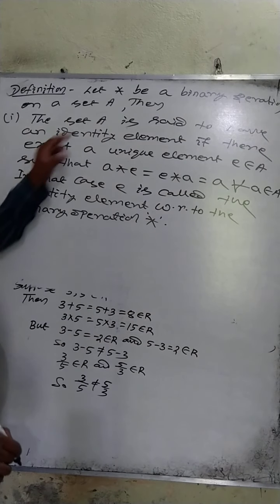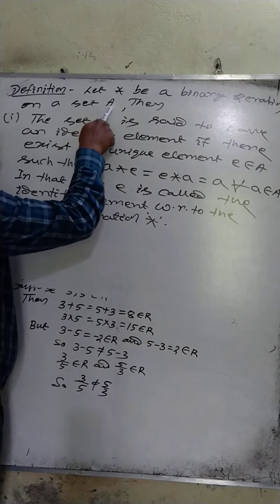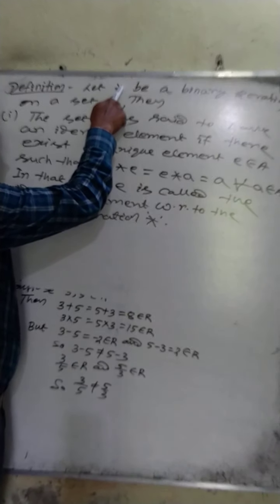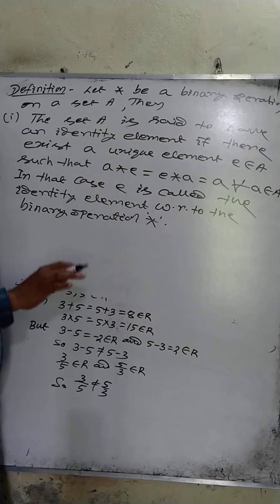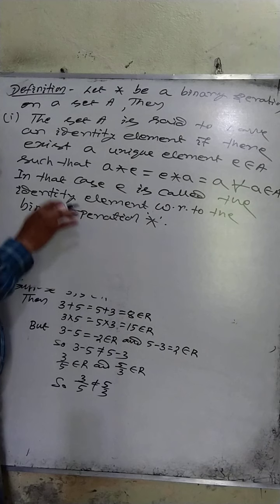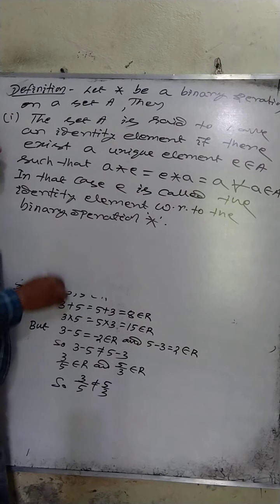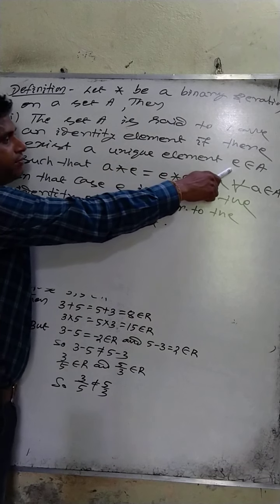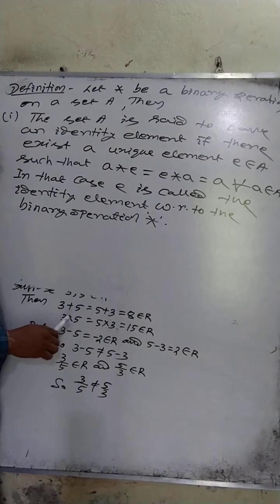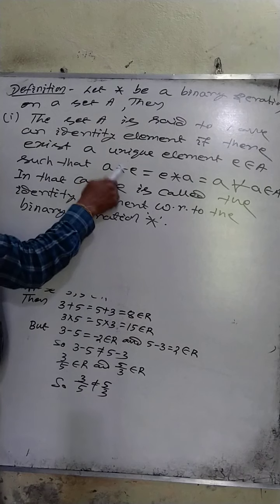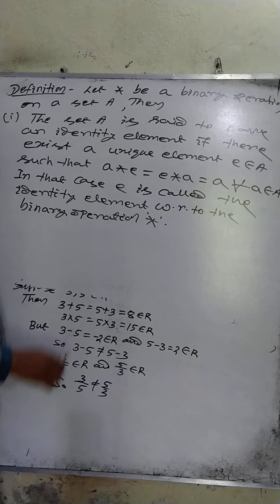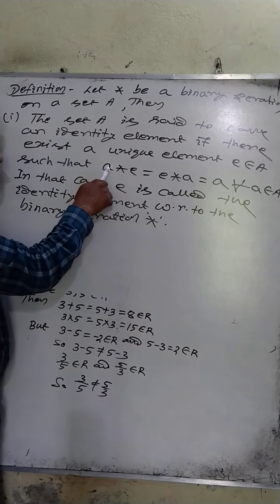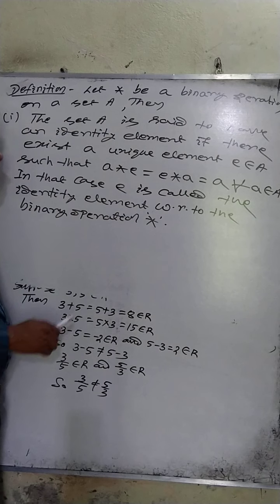That means on the set A, star is a binary operation. The set A is said to have an identity element if there exists a unique element E belongs to capital A such that A star E is equal to E star A that equal to A for all A belongs to capital A. In that case, E is called the identity element with respect to the binary operation star. Okay?